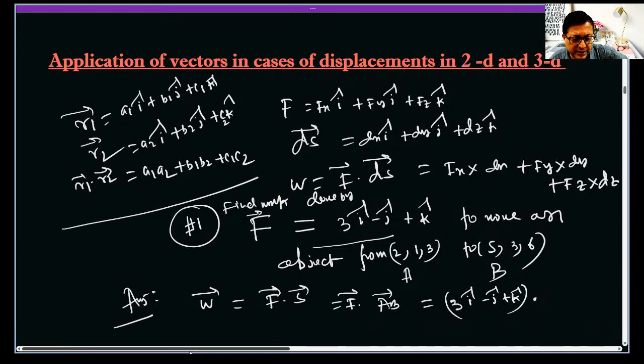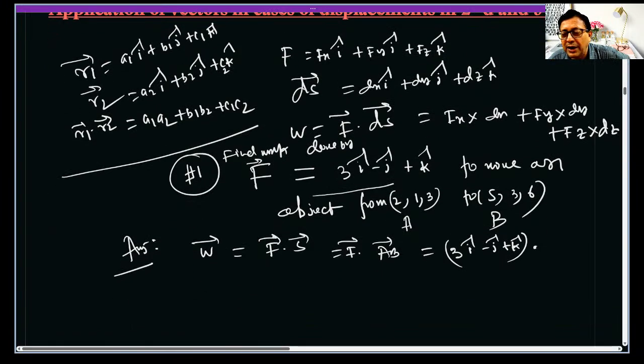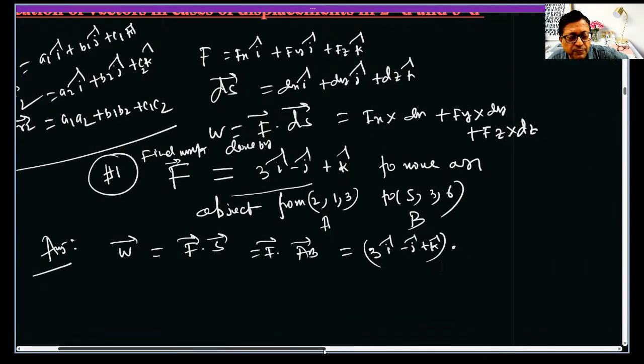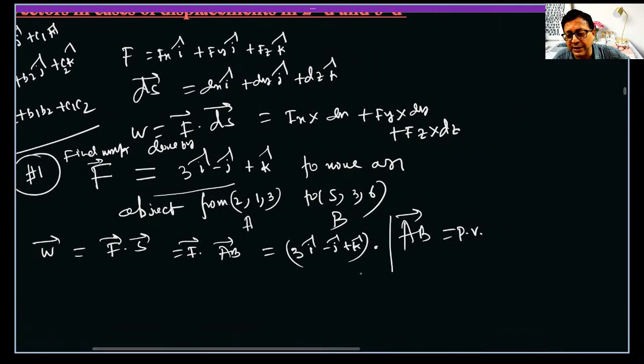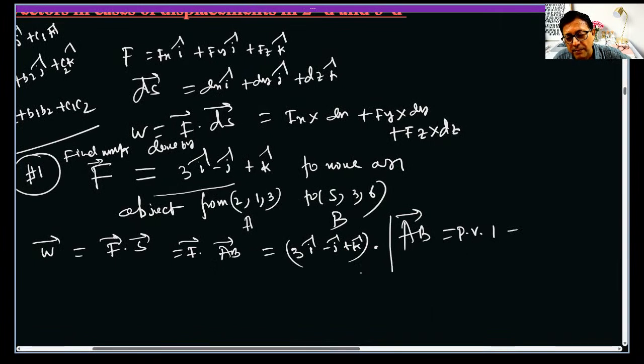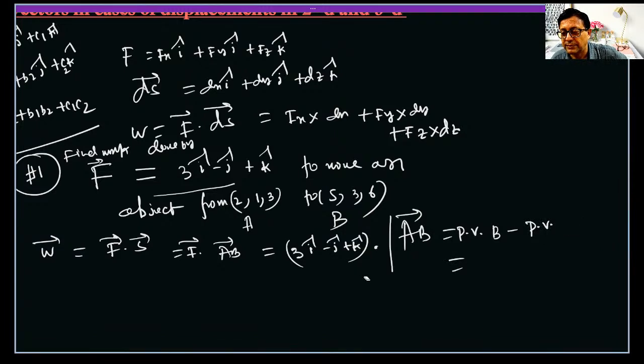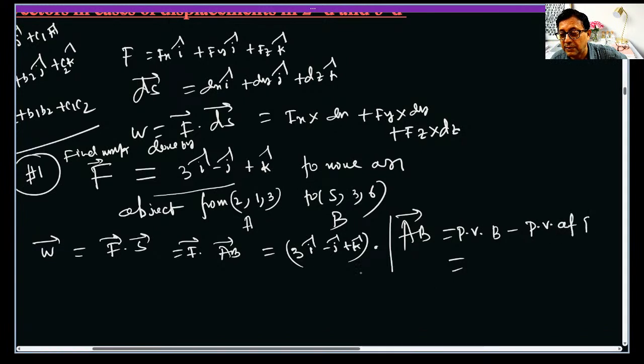This is equal to 3i dot, let us find the AB vector. I know you have done the concept of position vector and displacement vector. So AB is what? It is the position vector of B minus the position vector of A. Okay.